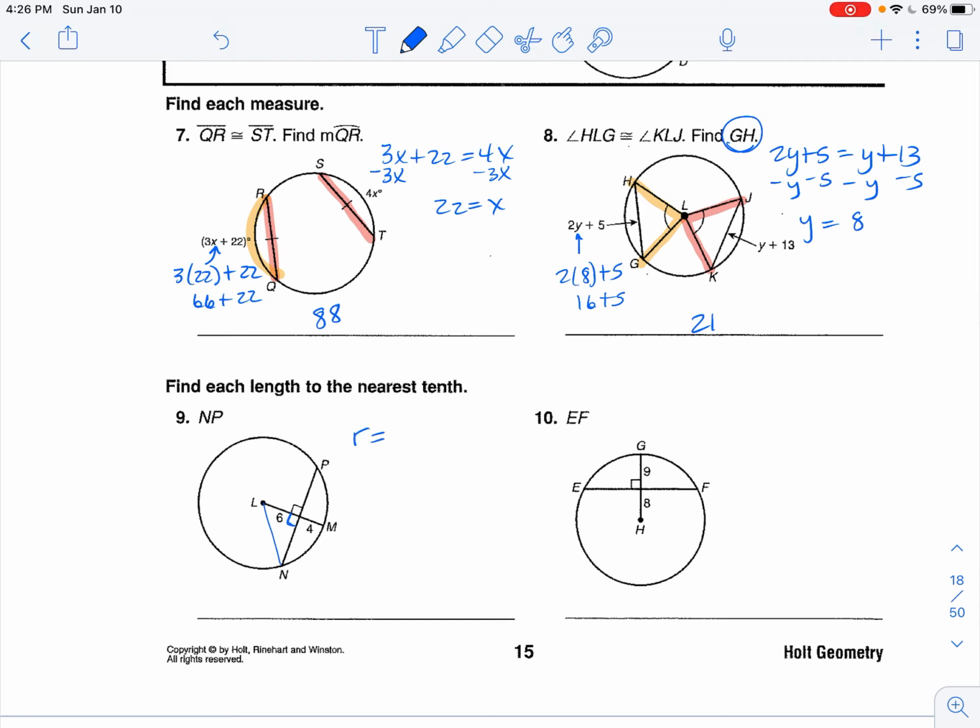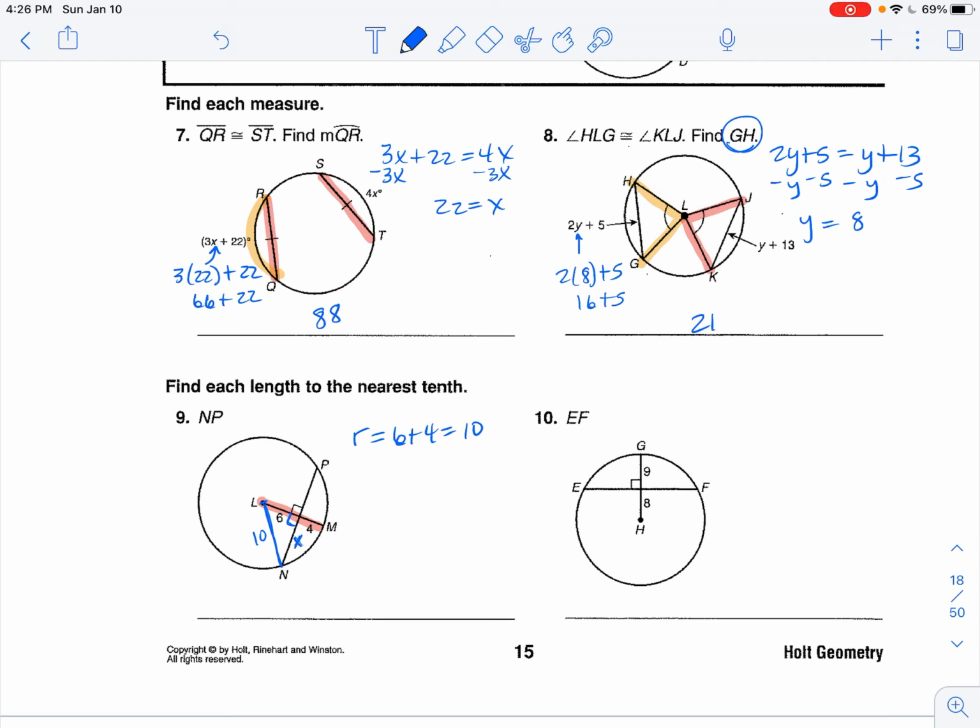Let's go ahead and let the radius R equal 6 plus 4. So we know the radius is 10. And I found that by adding these two values here. Well, that means this piece, which is also a radius, is 10 units.